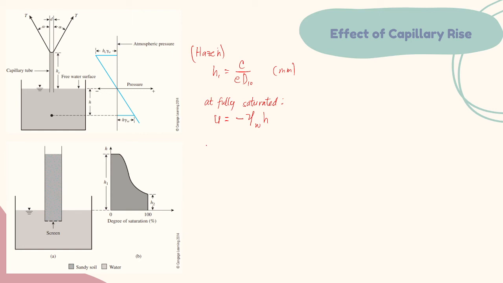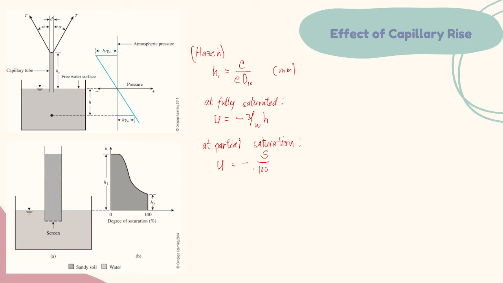And when partially saturated, U is equal to negative degree of saturation all over 100.